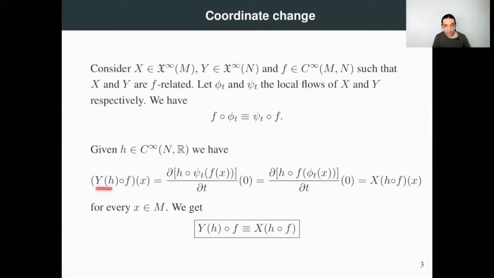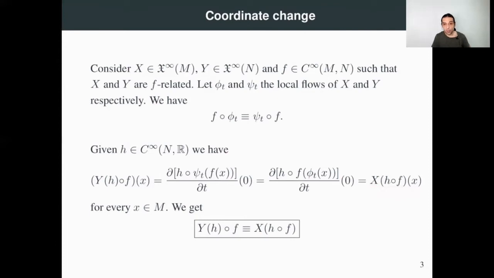Okay, this Y applied to h at some point, which in this case is f of x, is the derivative of psi t composed with h applied to the point f of x with respect to t and evaluated at 0, right? But now we can actually use that this composition over here is equal to the composition of phi t and f, and we get this. And this is just the definition of the value of X applied to h composed with f at the point x.